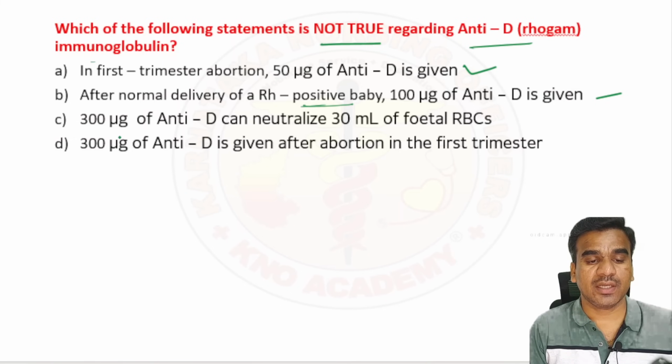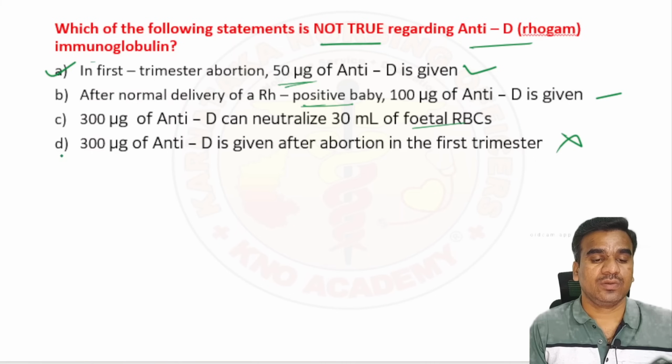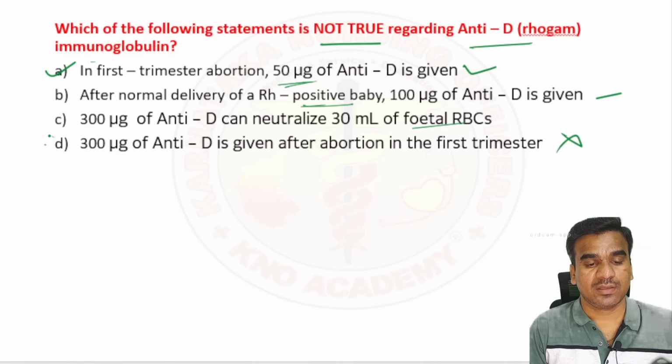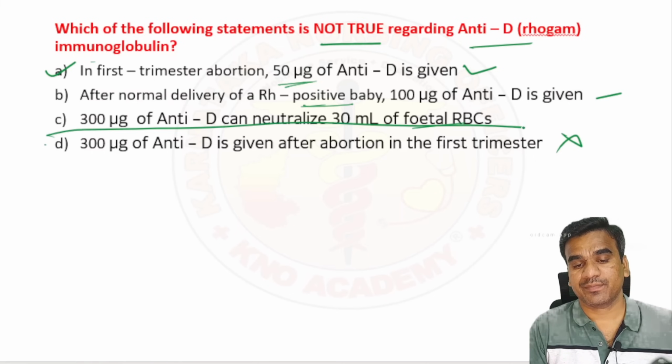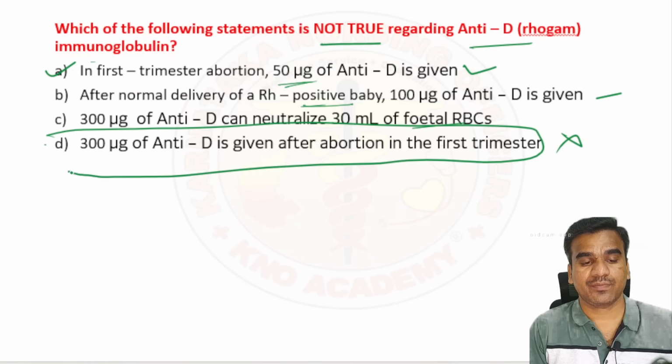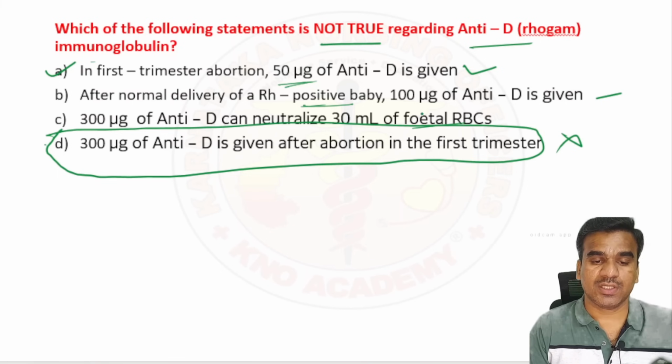And 300 microgram of anti-D can neutralize 30 ml of fetal RBCs. And is 300 microgram of anti-D given after the abortion in the first trimester? No, because the right answer is, in the first trimester we are giving 50 microgram. So option D is the right answer: 300 microgram of anti-D given for the abortion.